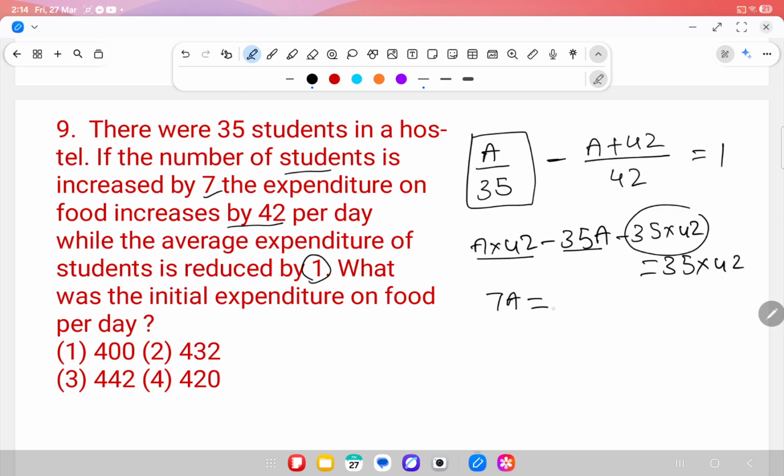If I transpose to the right hand side, it becomes 2 times of 35 into 42. Then 7 ones, 7 5s will give 420. The actual expenditure I assumed as A is 420. So this is the actual, in the sense initial, 420. Hope you understood this.